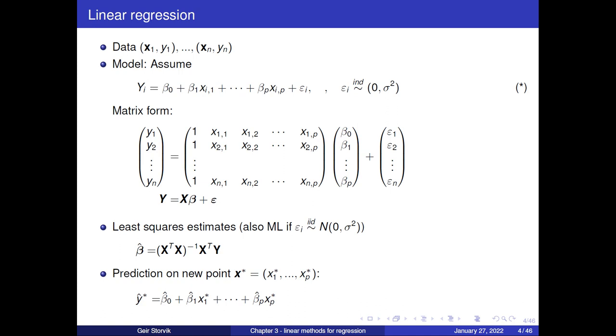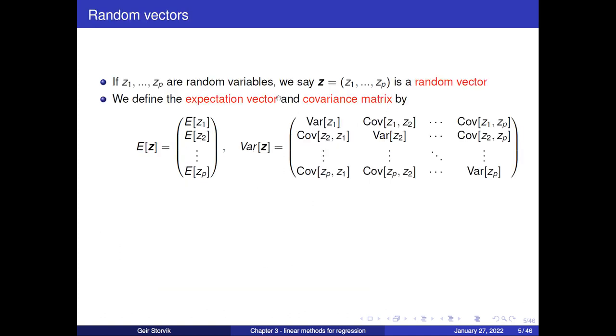Okay, and I think I could just continue with using this presentation here now. In order to say something about the properties of the estimates beta hat and so on, we need to introduce some mathematical terminology. First of all, we will talk about random vectors.